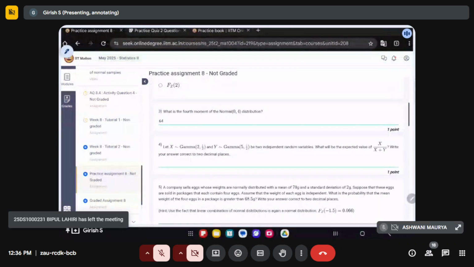And what will be the expected value of x by x plus y? So this is the question.